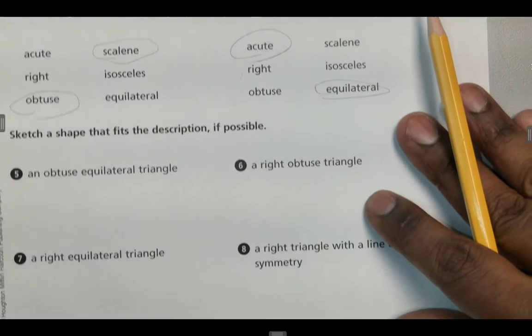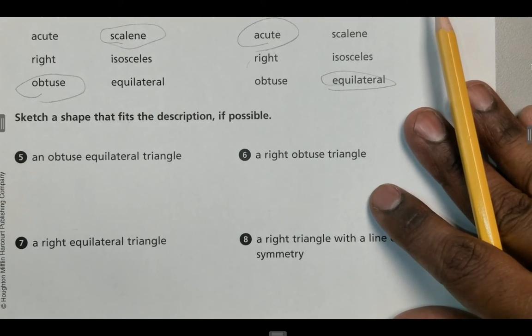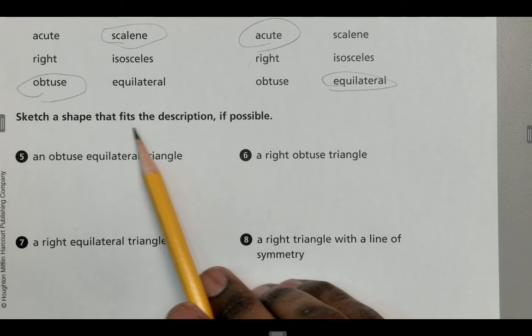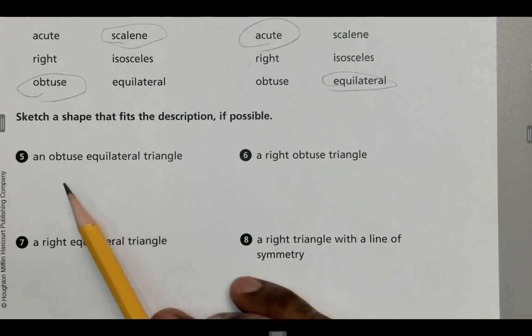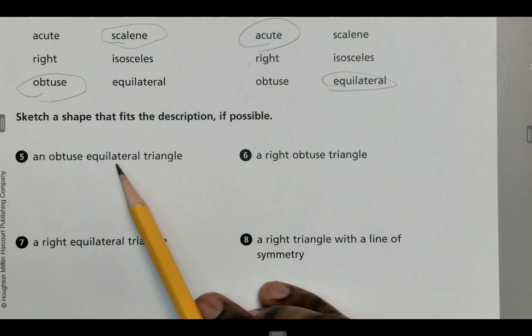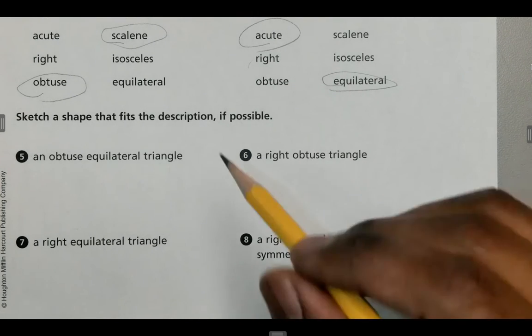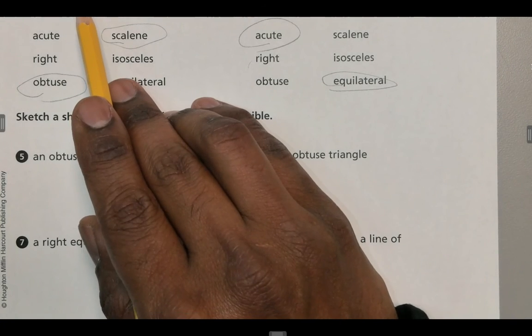Moving on to the sketching at the bottom. And the task is to sketch a shape that fits the description, if possible, an obtuse equilateral triangle. Is that going to be possible? No. Look at triangle 3 above.